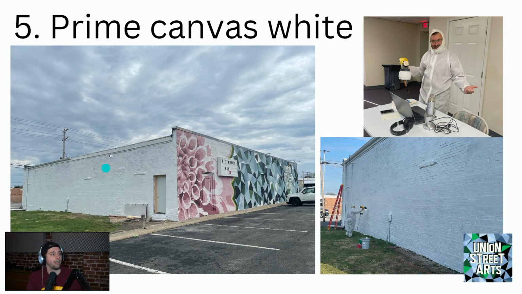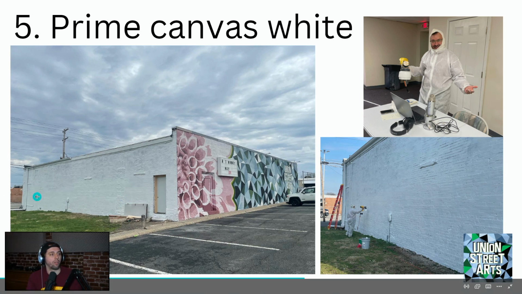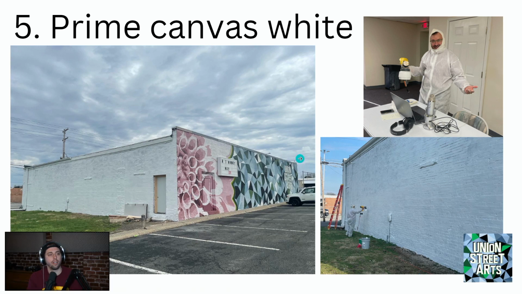And you can see right here, it's all primed, it's ready to go, and actually it's connected to this mural, which is probably our most popular one you might have seen on social media. It's kind of iconic Union Street imagery, and so it's really cool to see that unfold with the mural connected to the mural.